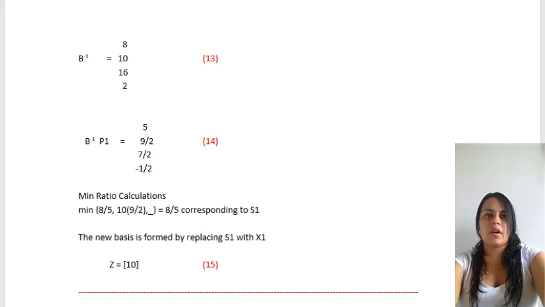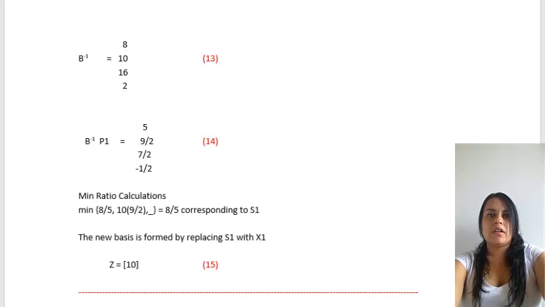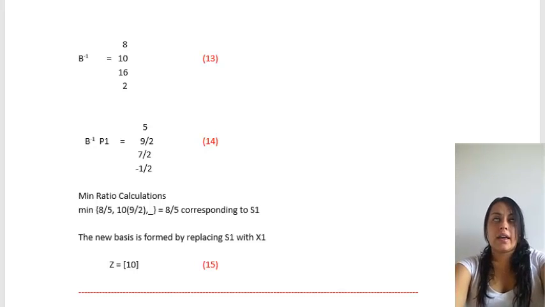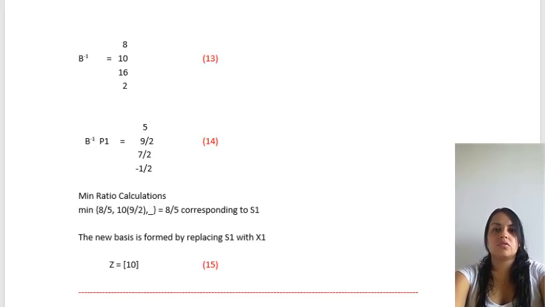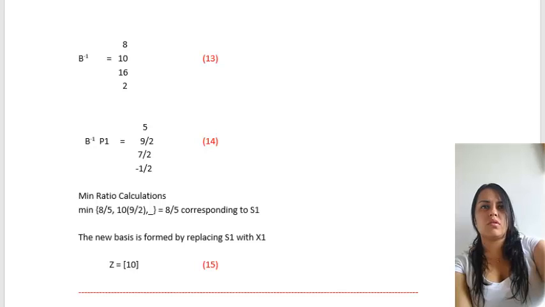However, I will calculate the min ratio for 8 over 5, 10 over 8 halves, and 17 over 7 halves, and those are the values in here. 8 over 5 happens to be the smallest, corresponding to s1, so s1 is going to leave the basis and x1 is going to replace it, because we are not at the optimal solution.